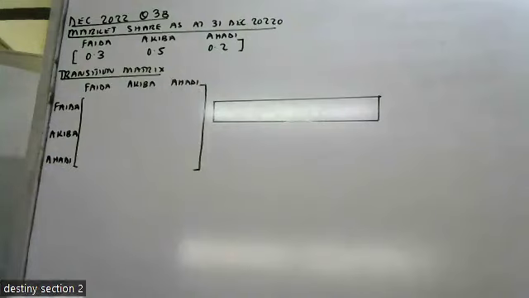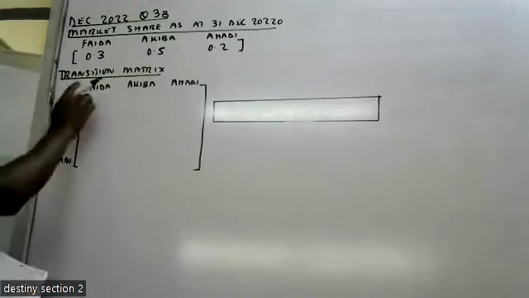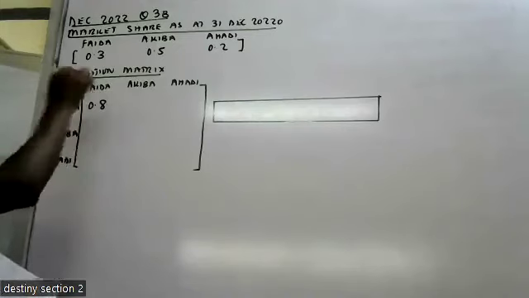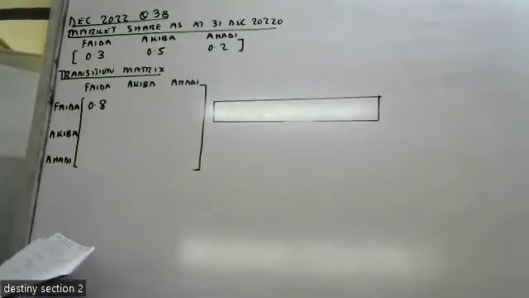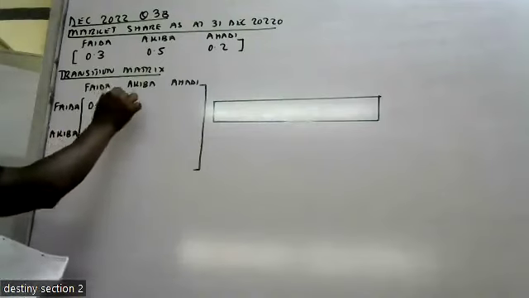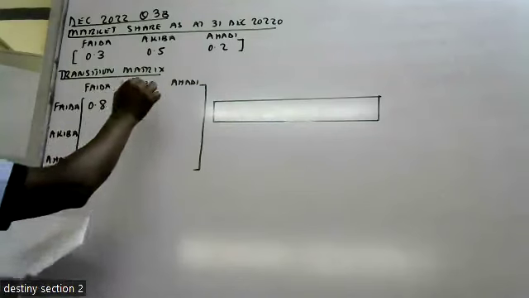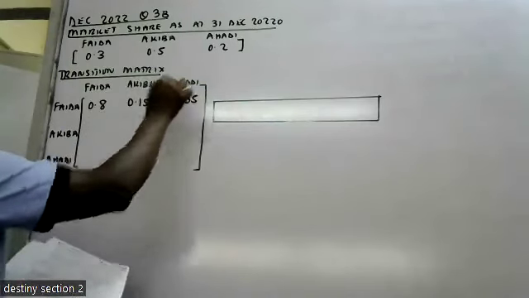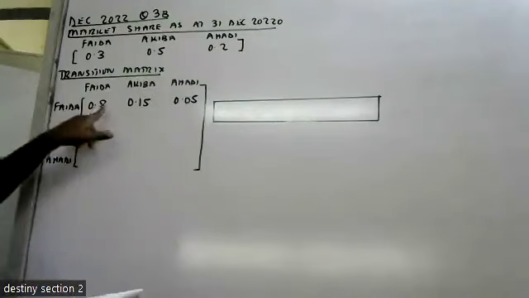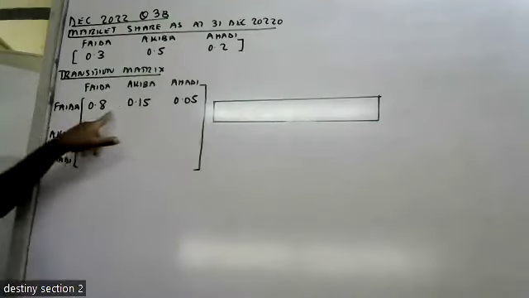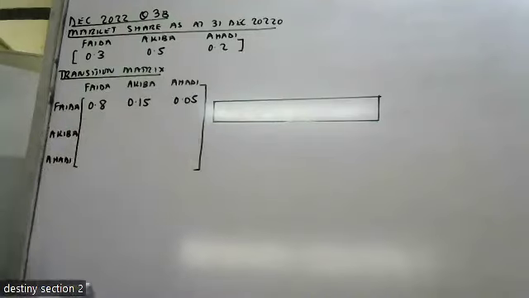We are told by information 1, Faida Bank had retained 80%. So from Faida to Faida, 0.8. That's retention. And lost 15% and 5% to Akiba and Ahadi. So they lost 0.15 here and 0.05. Remember, we said losses are recorded on the row, and they must always add to 1. So you can see they are adding to 1.